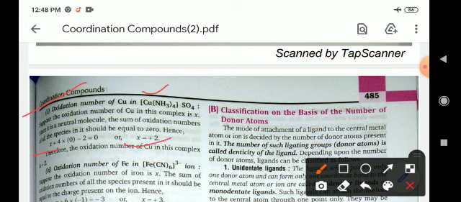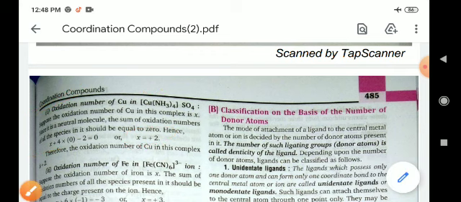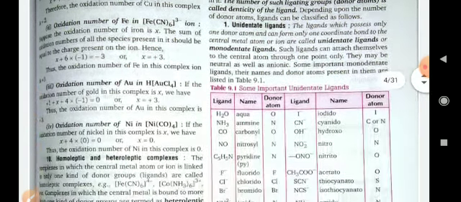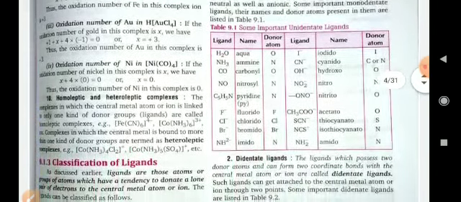After the calculation the value of X comes out to plus 2, meaning the oxidation state of copper in this complex will be plus 2. In this way you can calculate the oxidation number of the central atom of any complex ion. There are other examples given here, you can see.